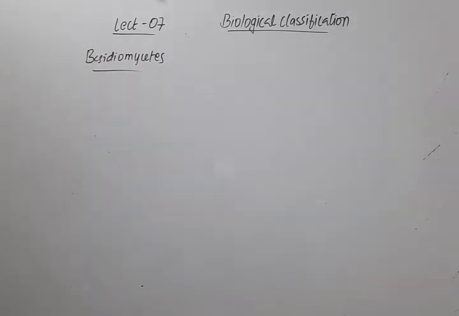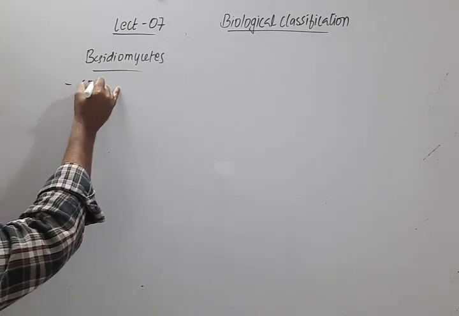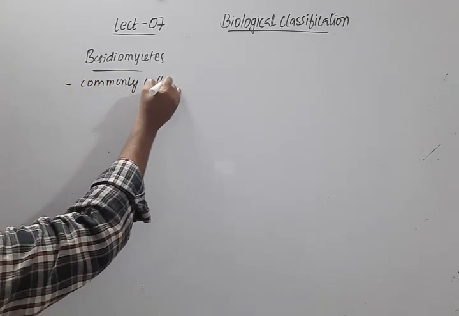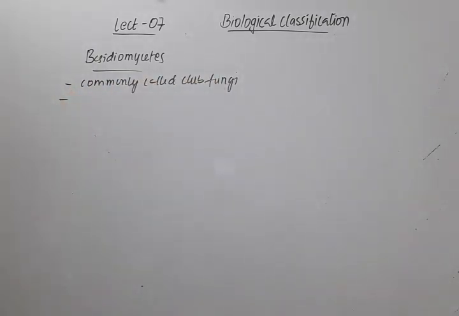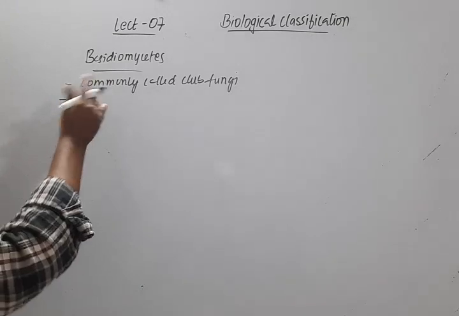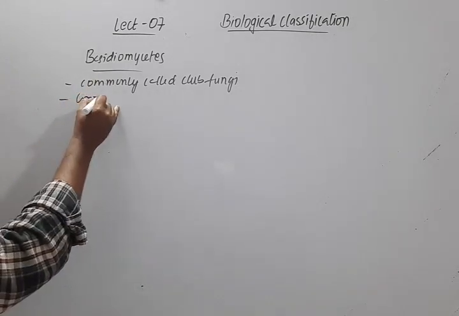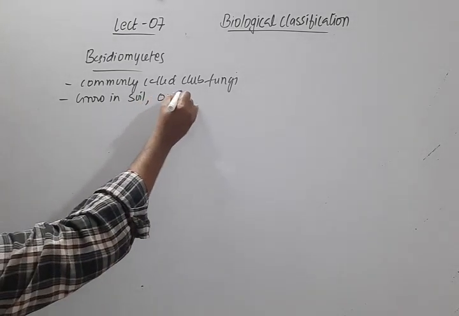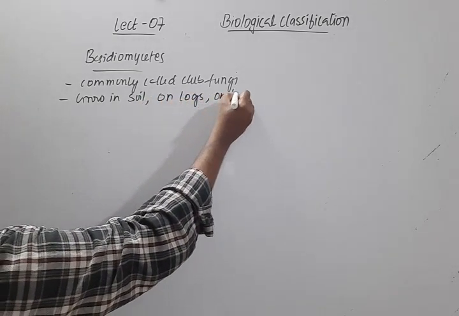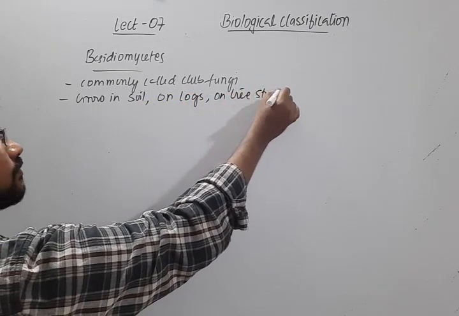Okay, so coming to this group, basidiomycetes, this group is commonly called club fungi. They grow in soil, so we see them living in soils, then on logs, on tree stumps.